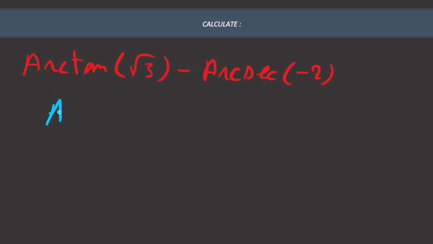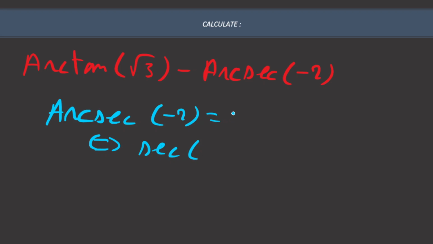So the arcsecant is the inverse function of the secant. So it is equivalent to write secant of, let's say, a, equals minus 2.